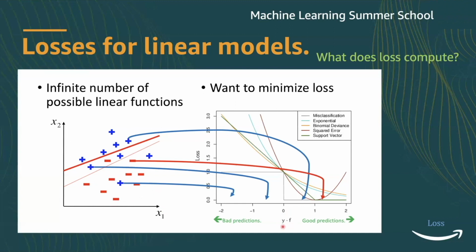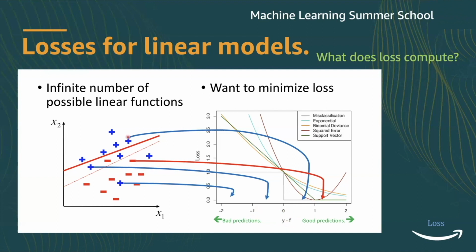For all these points that lie here, y is -1. The corresponding f of x is also -1 here. When you take the sign of f of x and take the product of these two, you get a positive number, and that's going to lie on the right side. So it's a good prediction. The model has predicted this correctly.